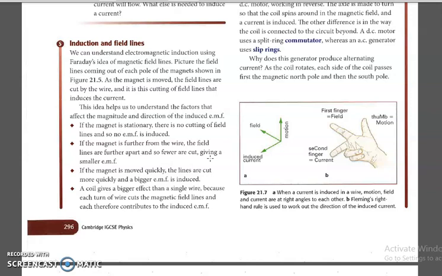If the magnet is further from the wire, a lesser EMF will be produced. If the magnet moves more quickly, the lines are cut more quickly, and a bigger EMF is produced. A coil gives a bigger effect than a single wire because each turn of wire cuts the magnetic field lines and each therefore contributes to the induced EMF.